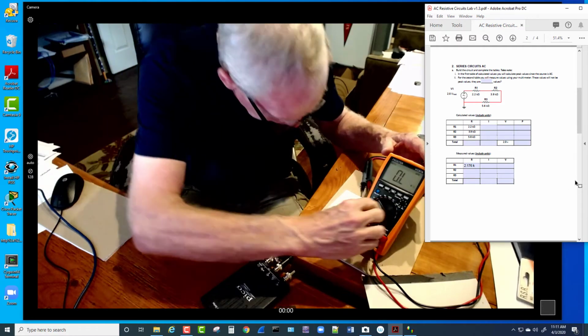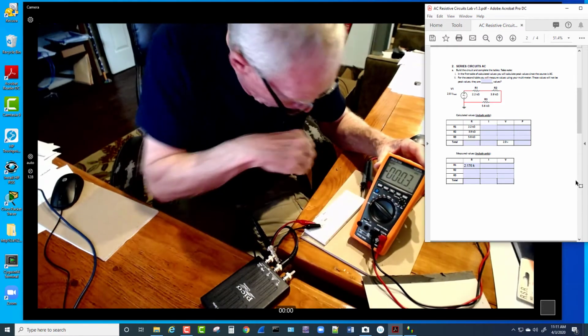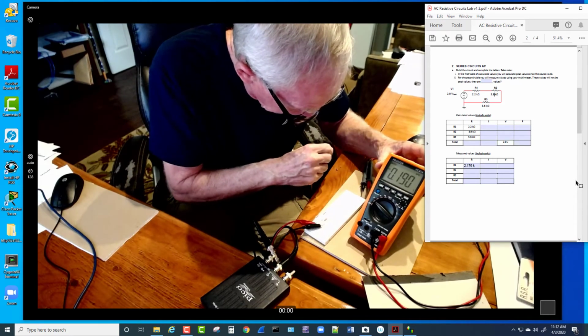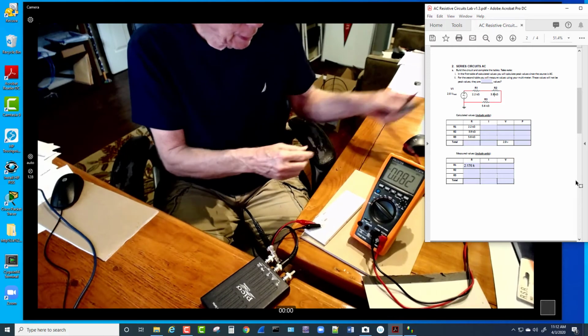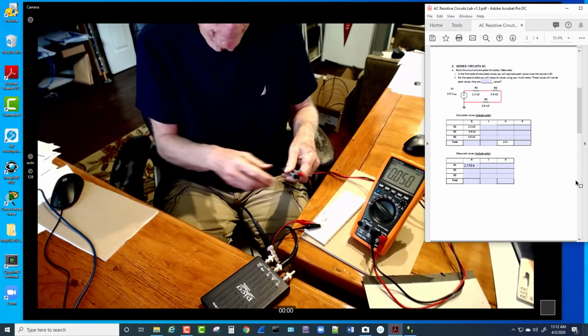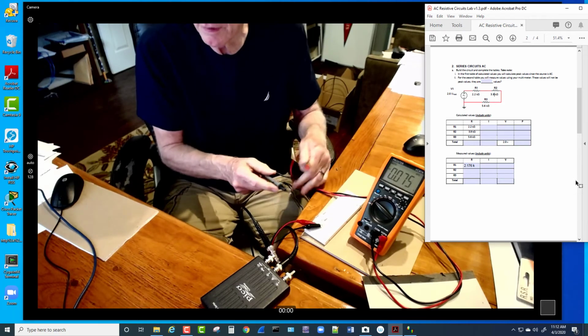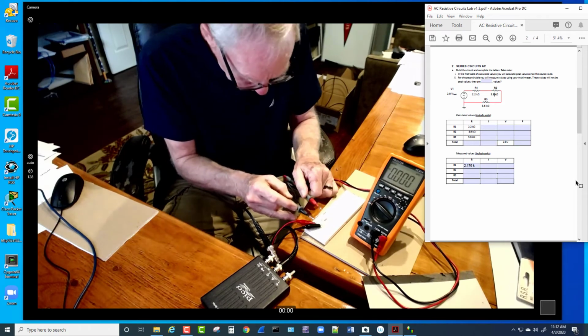Okay, so I'm going to put this on volts, and I'm going to select AC. Now let's just see what I get. I'm just going top to bottom in the table. So now you can fill out the table.